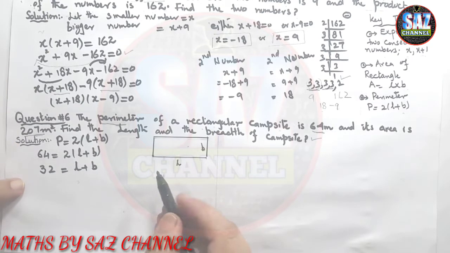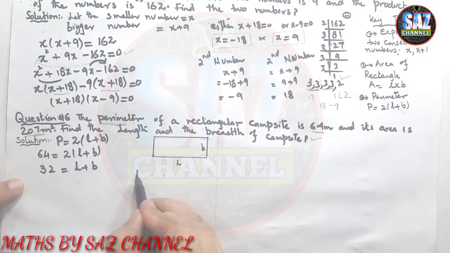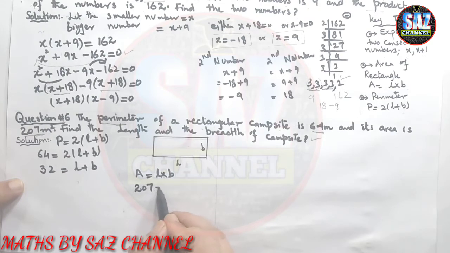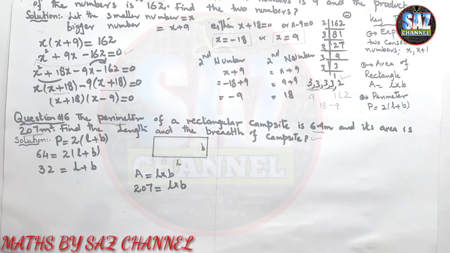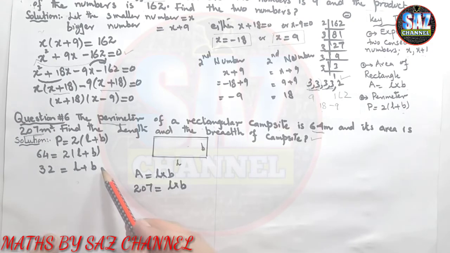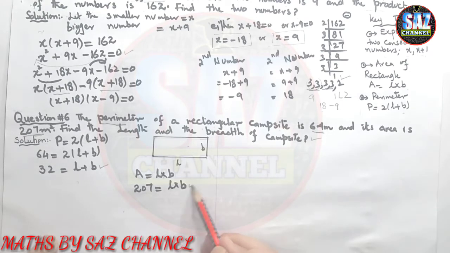Now my second equation is area equals length multiplied by breadth, and the value of area given in the question is 207, so 207 equals L multiplied by B. If we look at both equations, they are in two variables.